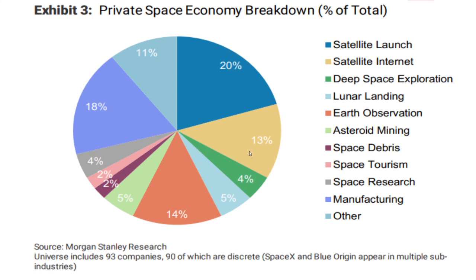There's also manufacturing, which I think is making the stuff that goes to space, but I'm not too sure. That's probably what it means. There's also a bunch of other stuff right here, like space tourism, 2%. I haven't really heard of anyone going to space, but I guess it happens.